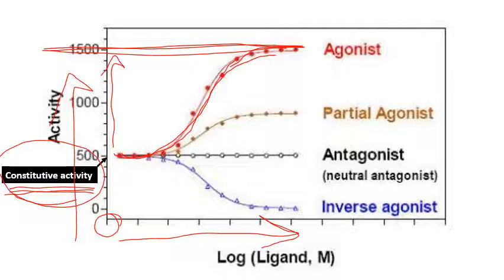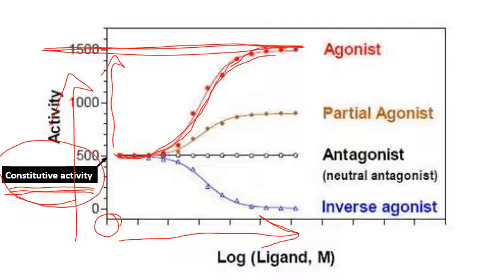For partial agonist, as we said, the intrinsic activity of partial agonist is between 0 and 1, which means that when the receptor is occupied by a partial agonist, this will not give the full activity that we expect from that receptor.